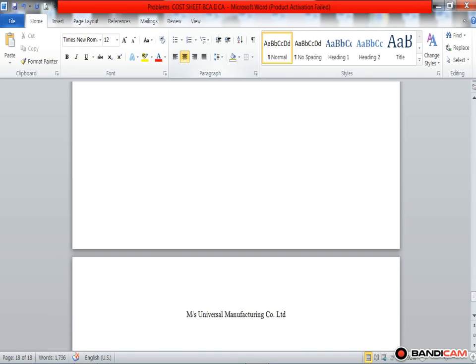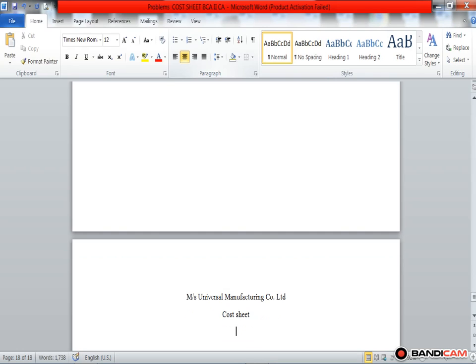Cost sheet for the year ending 31st December 2020.